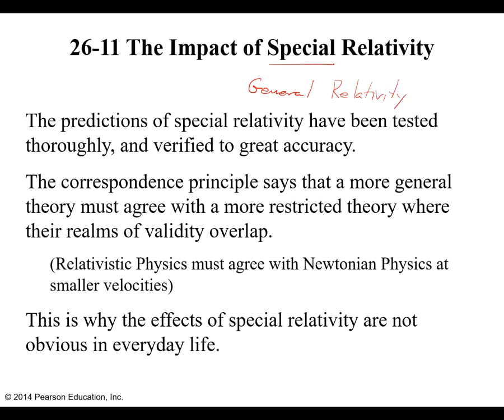And the cool thing about the general theory of relativity is that it can actually describe gravity and orbits, why gravity works and why things move in orbits, and other things. It describes gravity in a way that no one has ever been able to. So it's really cool. We are not going to cover that in this course.